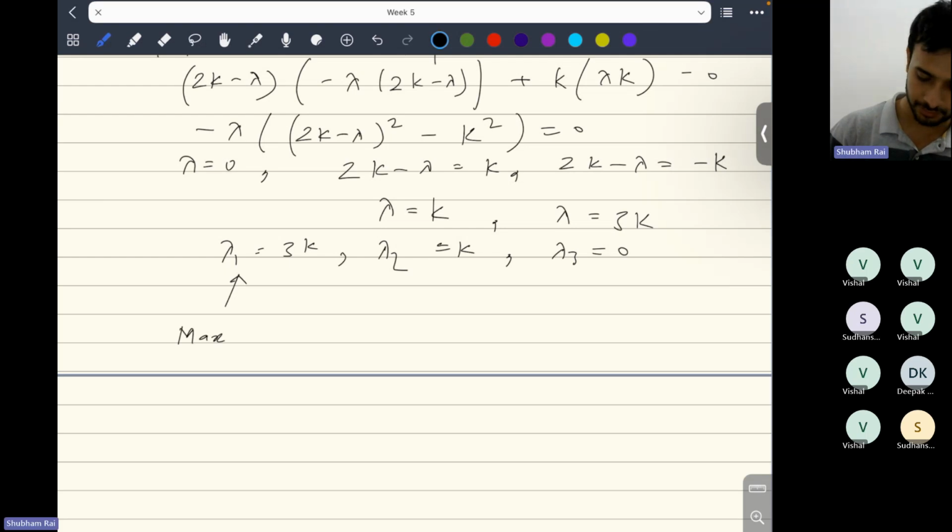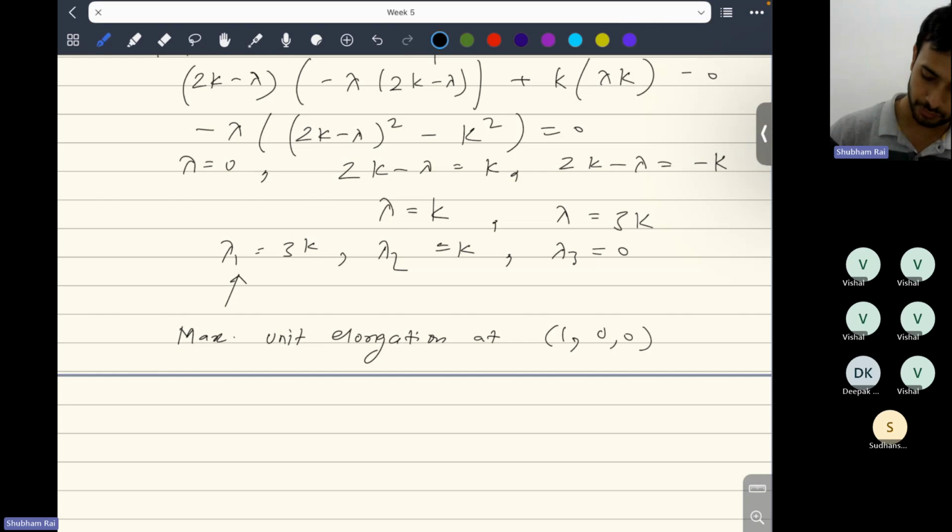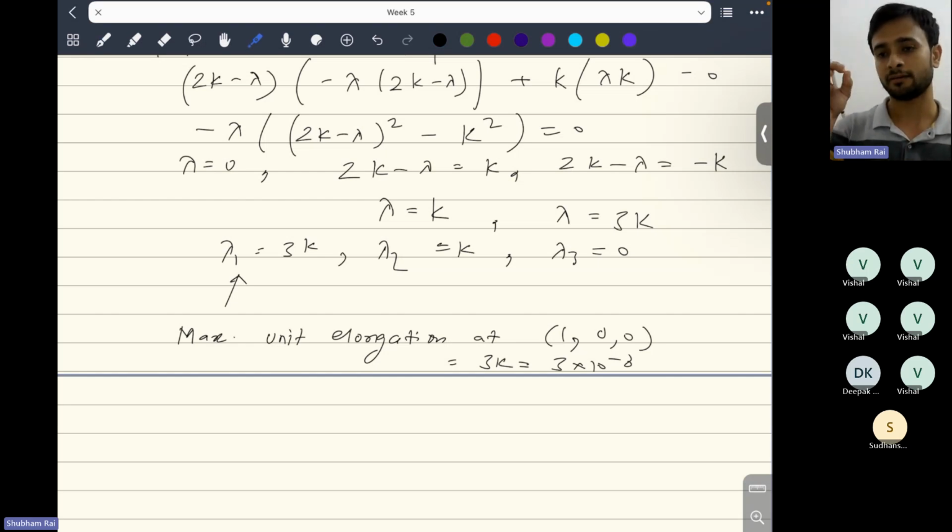You can say that the maximum unit elongation is 3k. So this is the magnitude. At a particular material point, in a particular direction, you have this maximum unit elongation, and you can find that direction also, because that direction will be the eigenvector corresponding to this eigenvalue, and the magnitude is given by the eigenvalue itself.